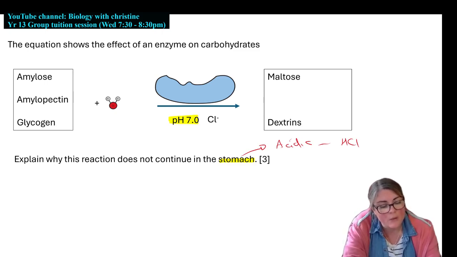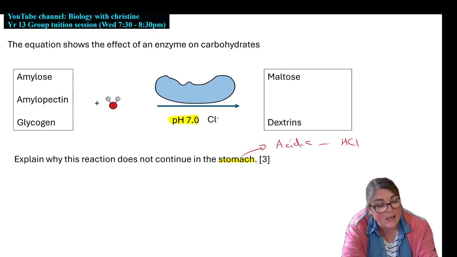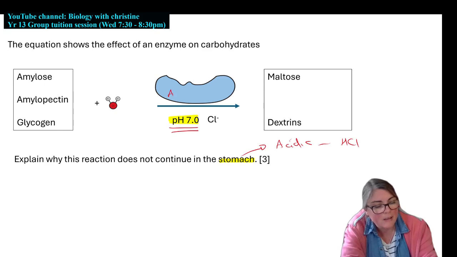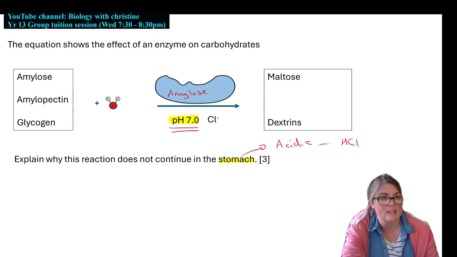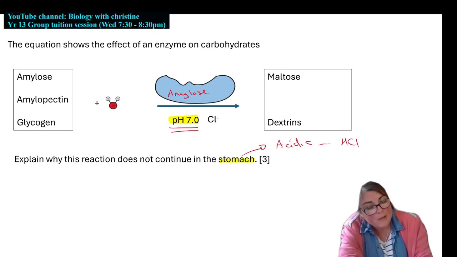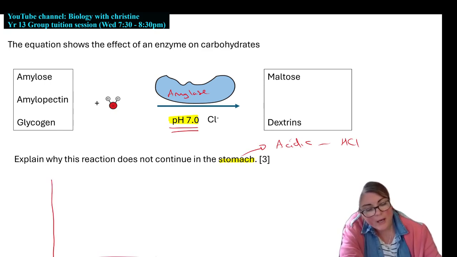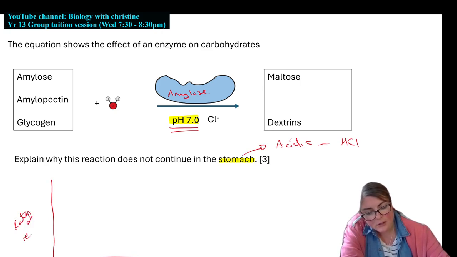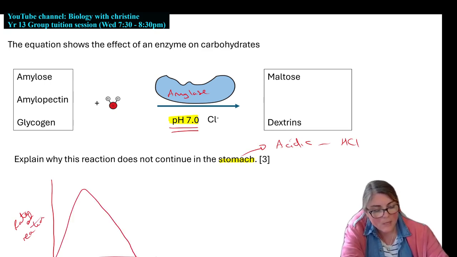So if I know that the stomach is acidic, and this is my amylase enzyme, I should know that I'm going to be affecting the pH. If I were to draw a graph and look at pH, I know that my rate of reaction is going to change based on the minute I move away from my optimum.